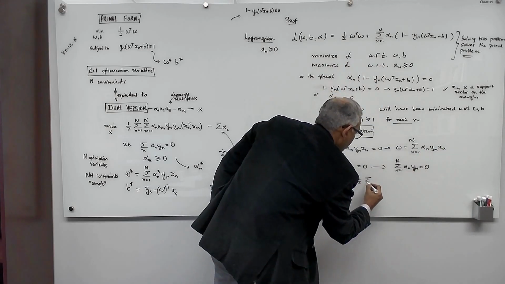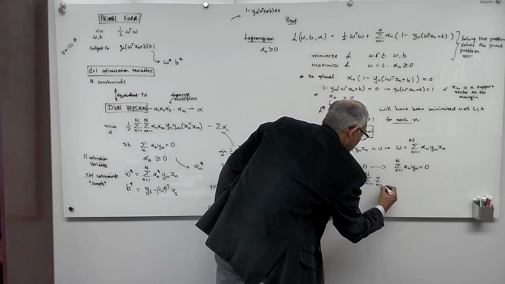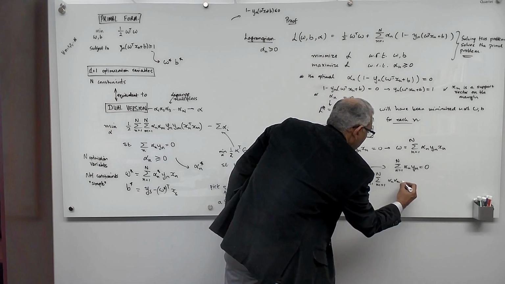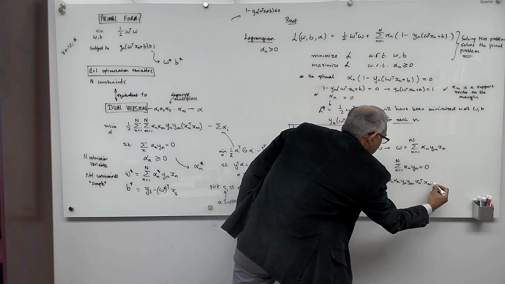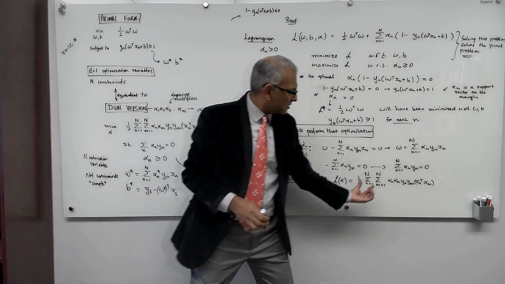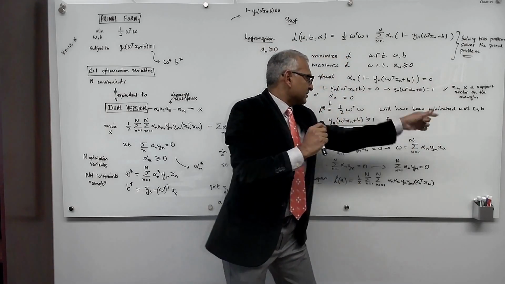So the sum from n equals 1 to big N, from m equals 1 to big N, alpha n, alpha m, yn, ym, xn transpose xm. So this is this guy transpose times itself.